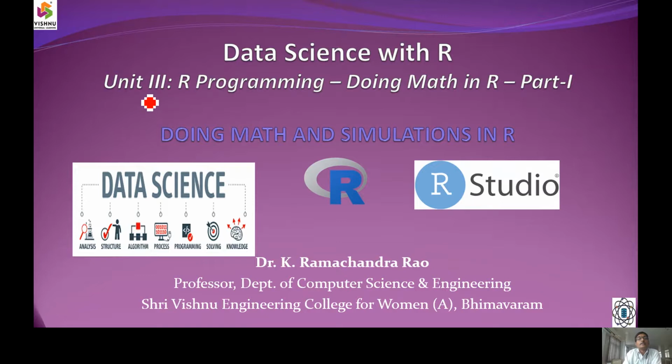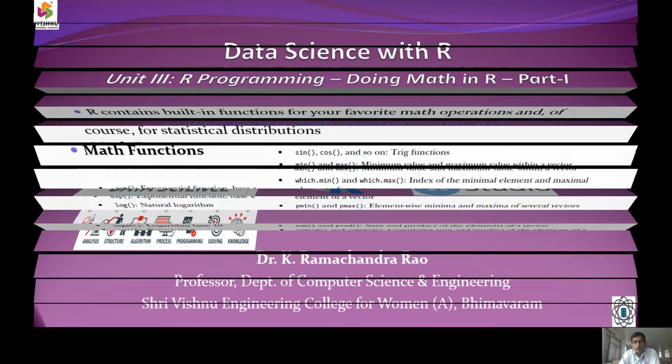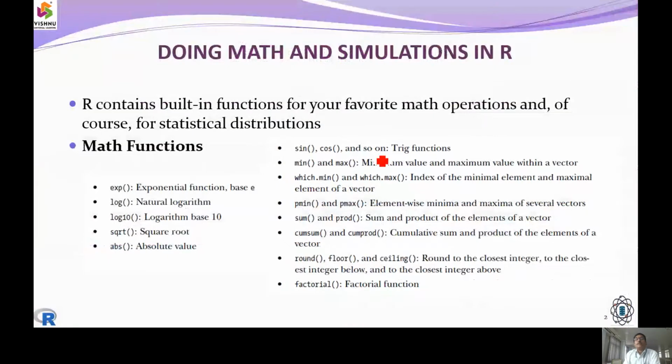And now about the three R programming and doing mathematics relation in R. Of the built-in functions which come in R language to do mathematical and statistical operations, one will be exp, we can call it as exponential.